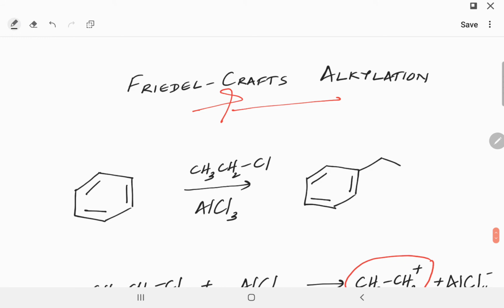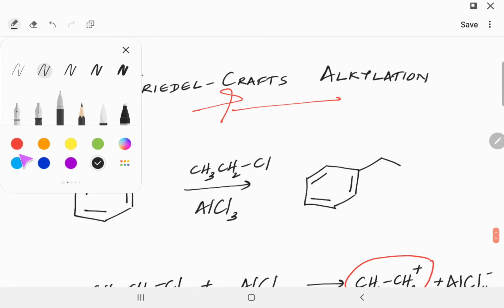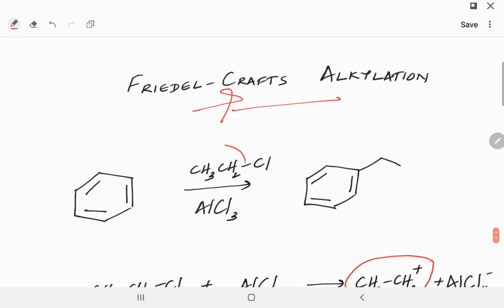Please remember to select the R group in such a way that it will be the same R group you get in your substitution reaction. So be mindful when selecting the alkyl halide, because the R group of the alkyl halide will be the substituted R group on your aromatic compound.